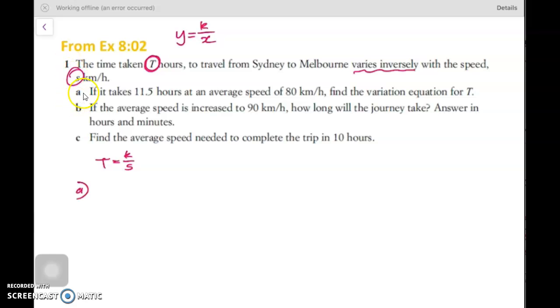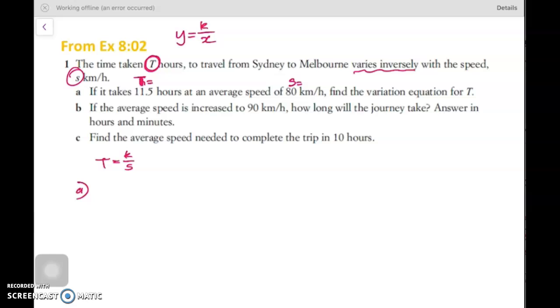In part A, we are told it takes 11.5 hours at an average speed of 80 kilometers per hour, and we want to write down the specific equation for T. Like we have been doing previously, we substitute these values into our equation. Sorry, the h was T, wasn't it?